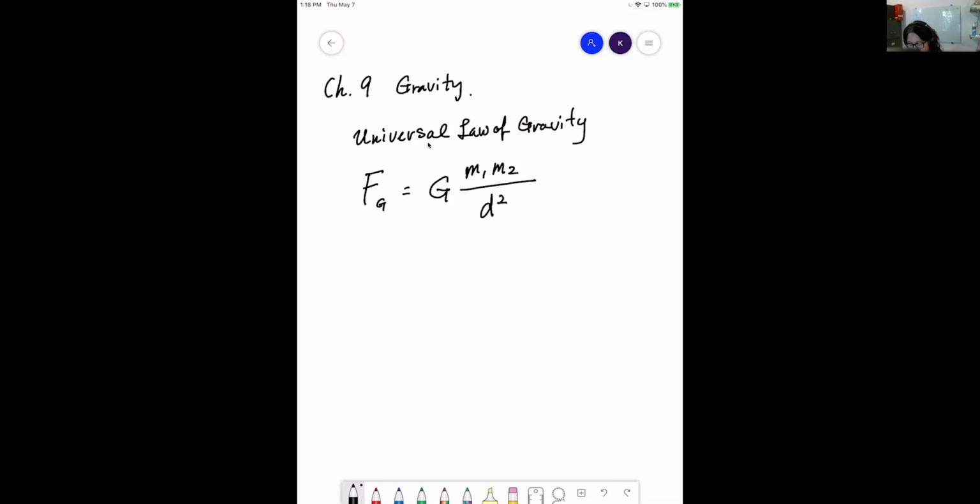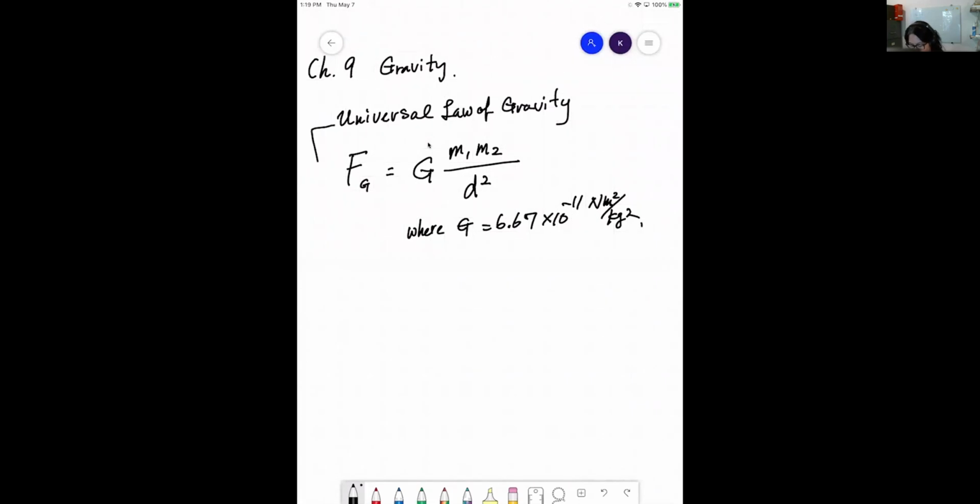This is how much they're going to feel the gravitational force, and this big G is the universal gravitational constant, 6.67 times 10 to the minus 11 newton meter squared per kilogram squared. Okay, so this is the universal law of gravity.